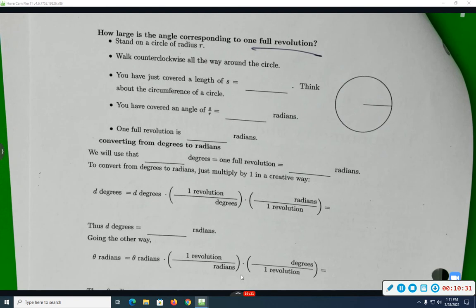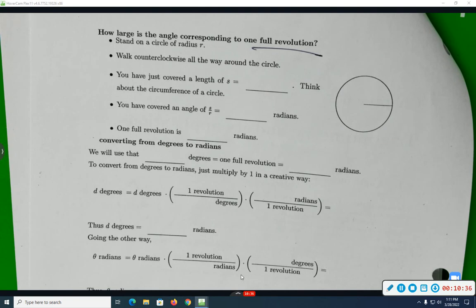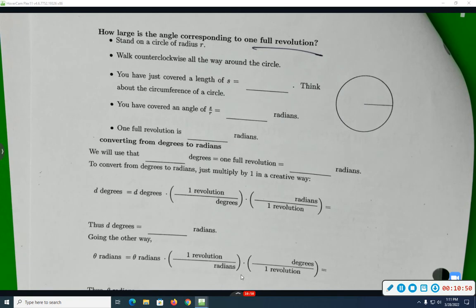Let's figure out why. Radians mean something about the ratio between arc length and radius. So I guess that means if you walk all the way around the circle, the ratio of this to this should be 2 pi. So let's see exactly that happen. Let's imagine walking counterclockwise all the way around the circle.